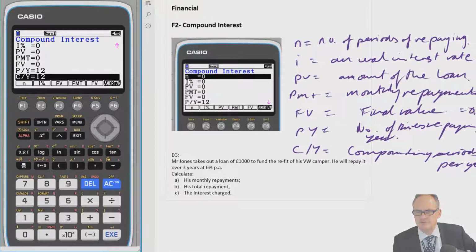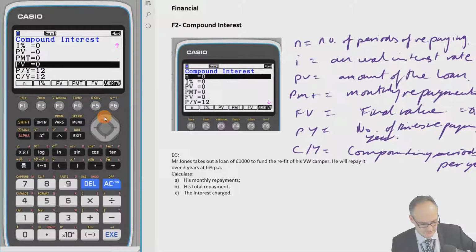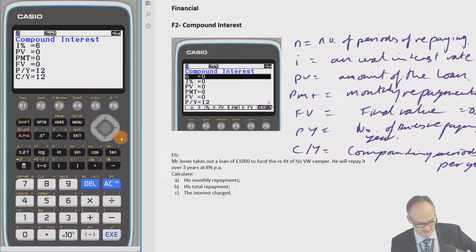So what we're going to do is look at this question here and calculate his monthly repayment. He's taken out a loan of £1,000. His interest rate is 6%. So let's go up and put the interest rate in: 6. Oh yeah, got to press execute to get that in.